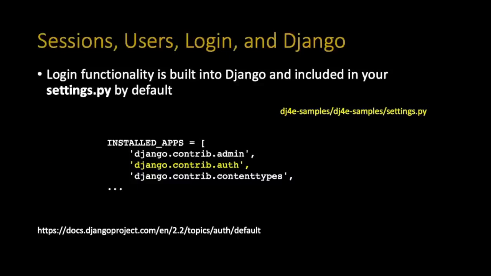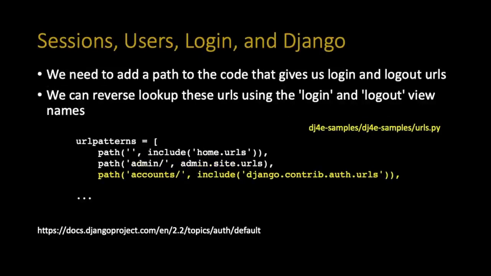So to make this all work, you have to add to your installed apps all the Django support for all this login and logout stuff. Now, if you automatically built your project and you got a settings.py, they're going to just put this in automatically. So this is just so you know when you're looking at it where it is that all this magic functionality comes from. It comes from this installed apps.